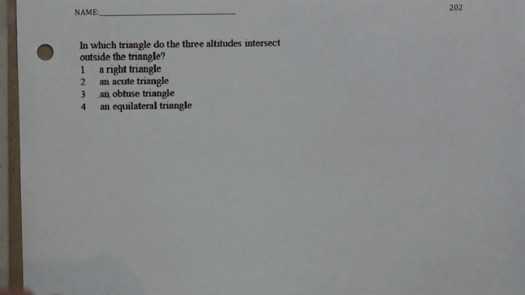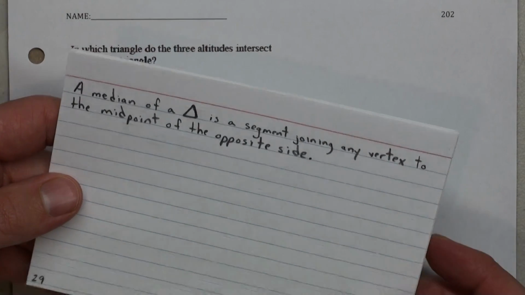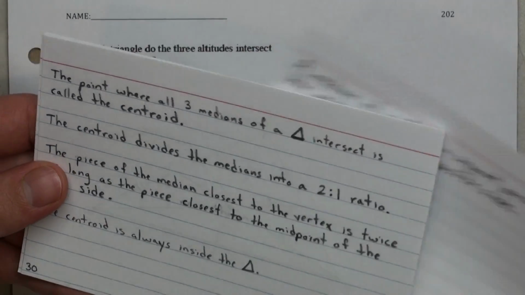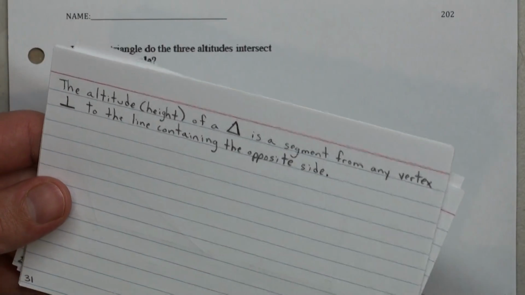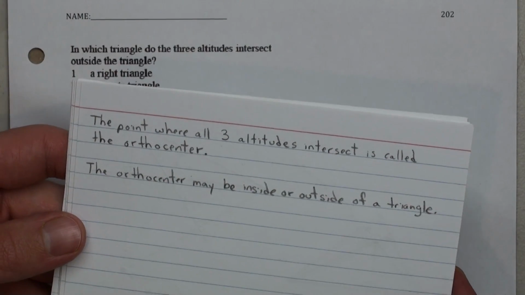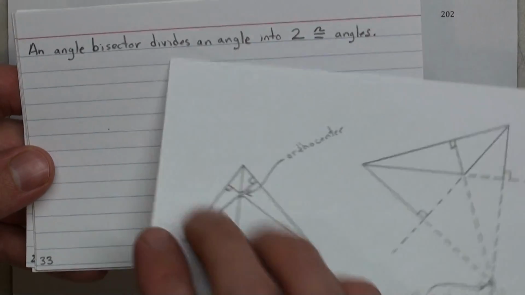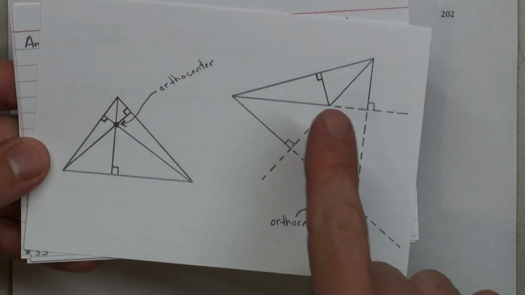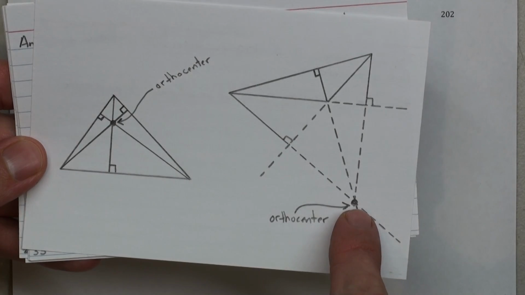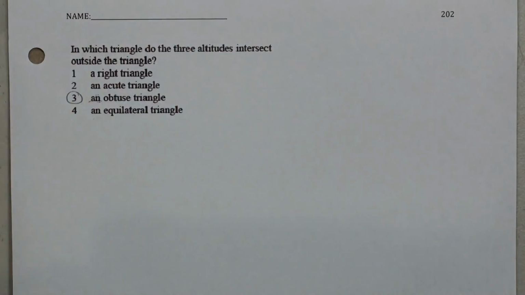In which triangle do the three altitudes intersect outside the triangle? So I'm looking for the one that talks about altitudes. Oh, here we go. The point where all three altitudes intersect is called the orthocenter. The orthocenter may be inside or outside of a triangle. Look, when it's obtuse, the orthocenter is outside the triangle. So that would be when it's an obtuse triangle.